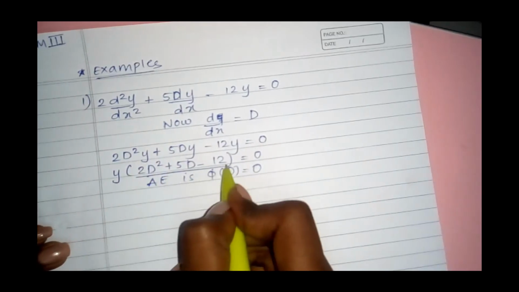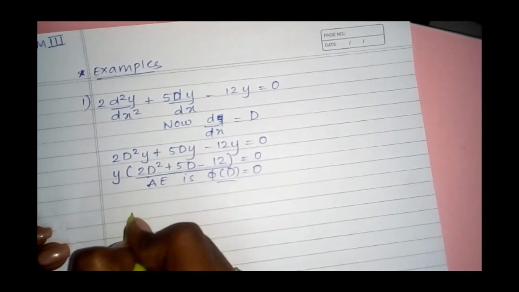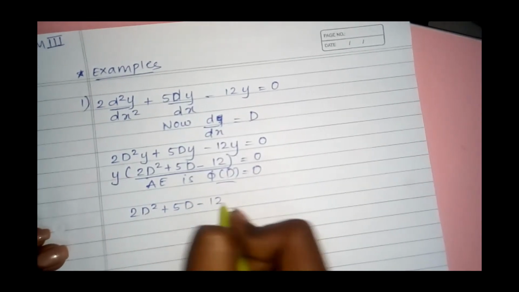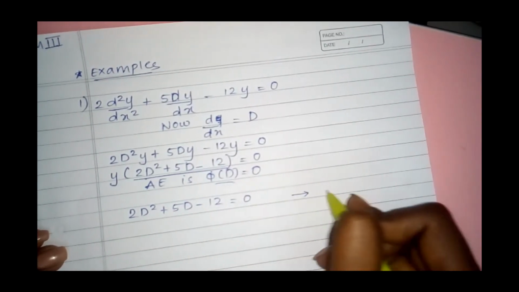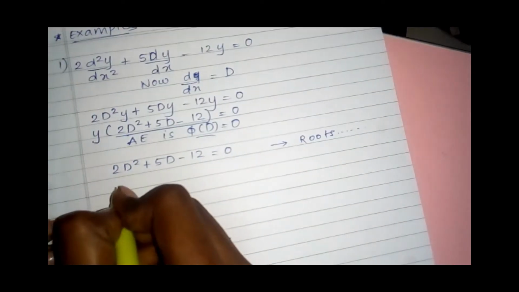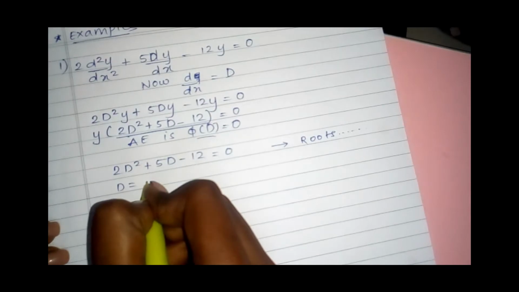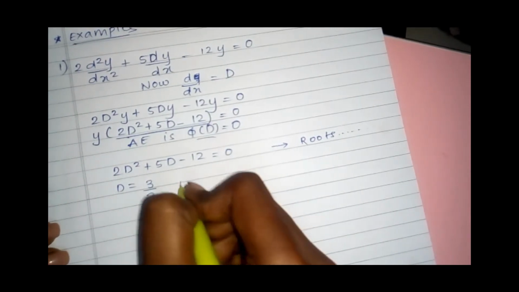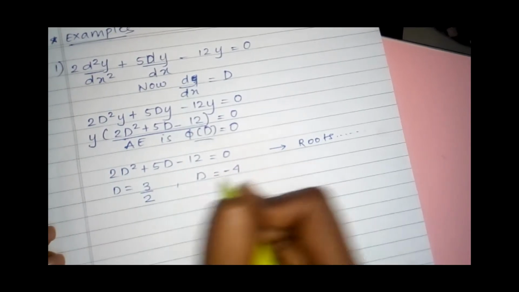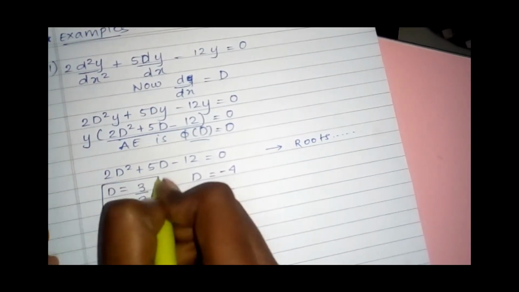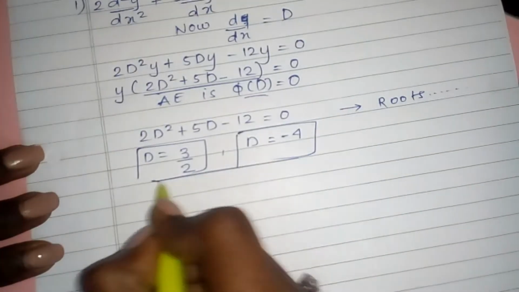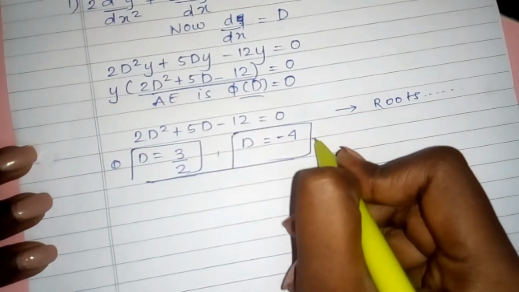So we put 2D square plus 5D minus 12 is equal to 0. Now we have to find the roots. D is equal to 3 by 2, D is equal to minus 4. These are the roots, root 1 and root 2.